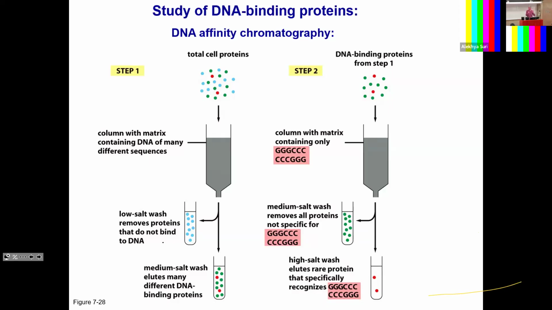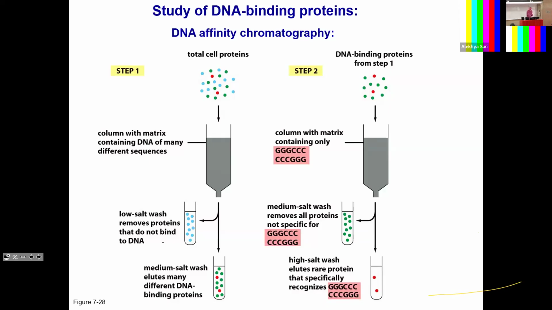Now they would bind DNA, but it's a mixture of all kinds of proteins that just bind DNA, but you want a specific protein. So you have here GGGCCC, this sequence. And you load the mixture of the proteins that bind DNA.